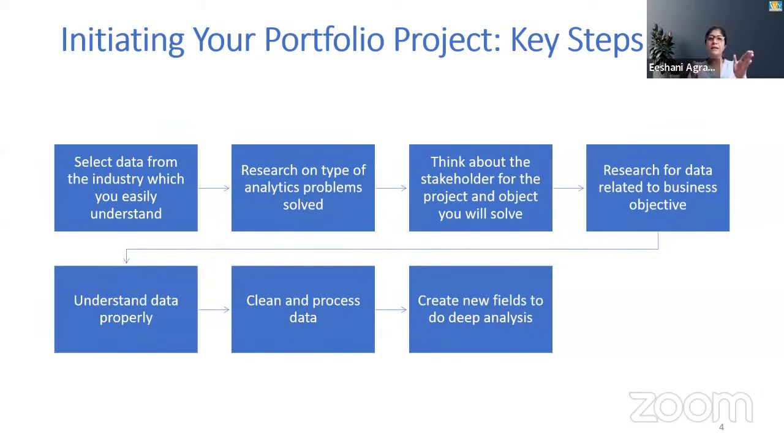Versus if I said 80% of the calls were answered, 95% of answered calls were resolved, then the data starts to make meaning for us and for the business. So you always have to keep thinking, am I giving a number? Does it make any sense? Or do I need to create more columns to dig deeper into my analysis? Okay.